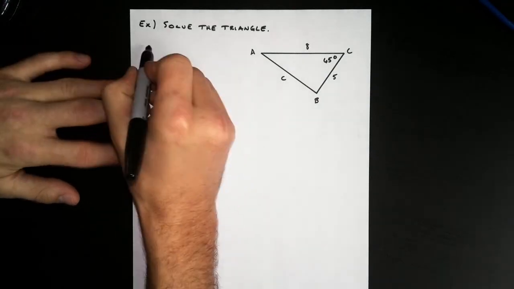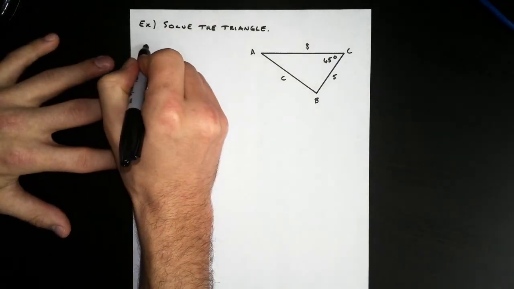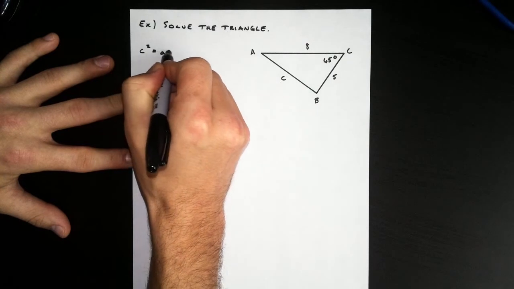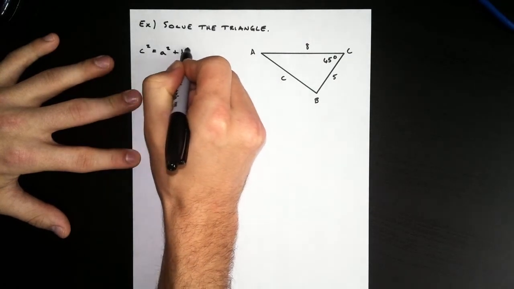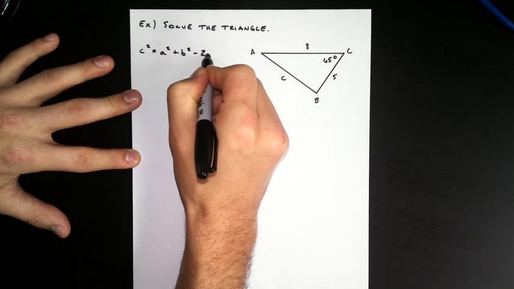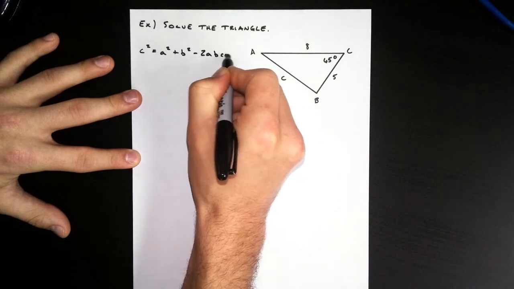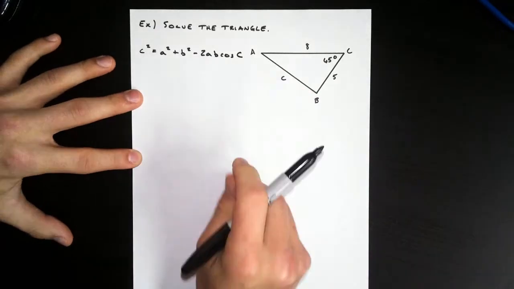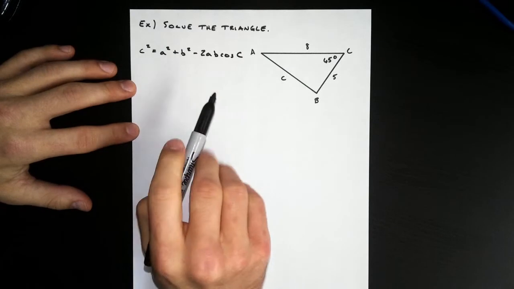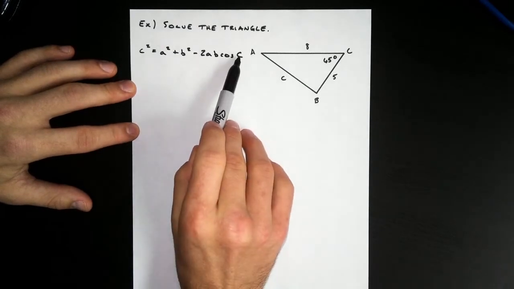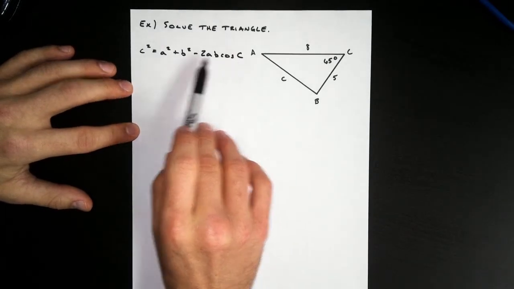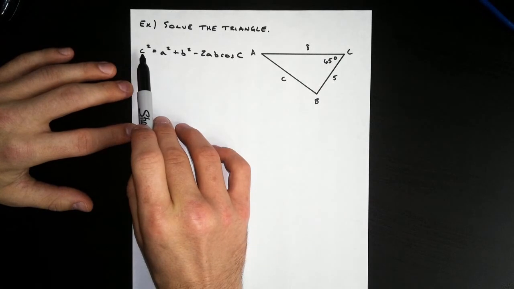So the law of cosines, if I write that down, c squared is equal to a squared plus b squared minus 2ab cosine of c. The important thing is that this angle has to match up with the side length across from that.